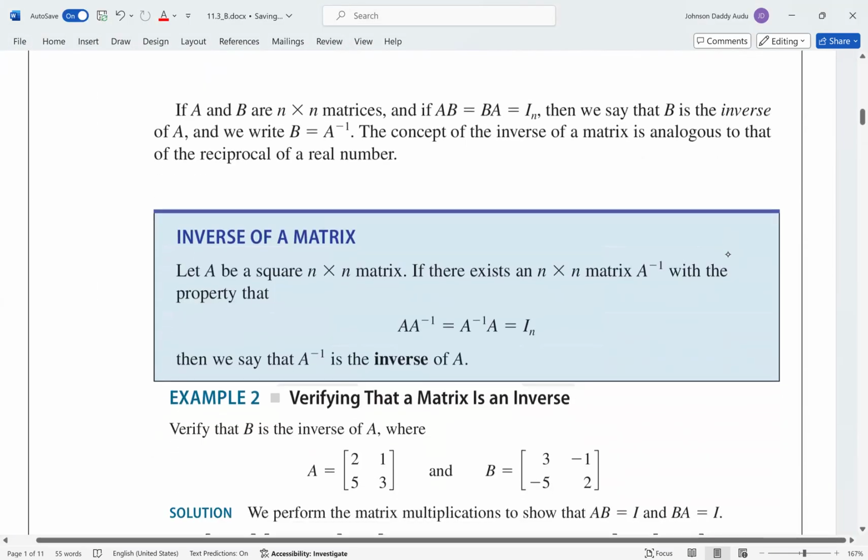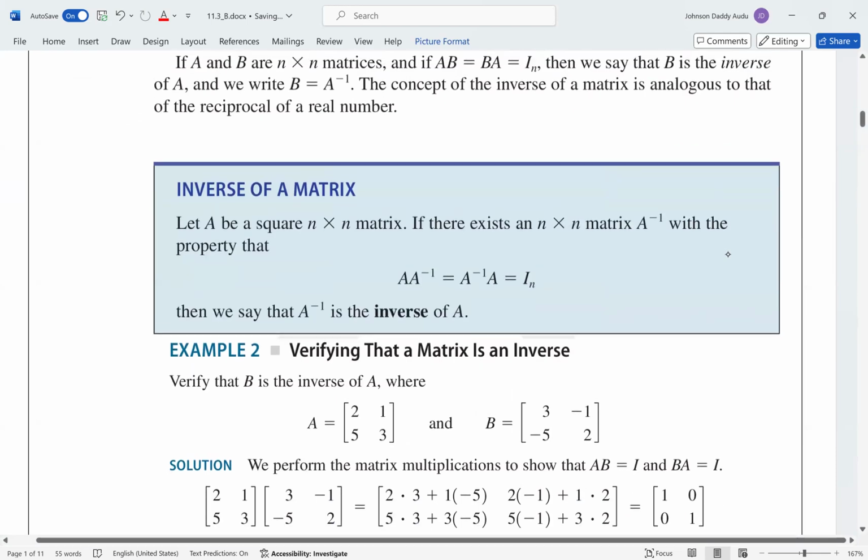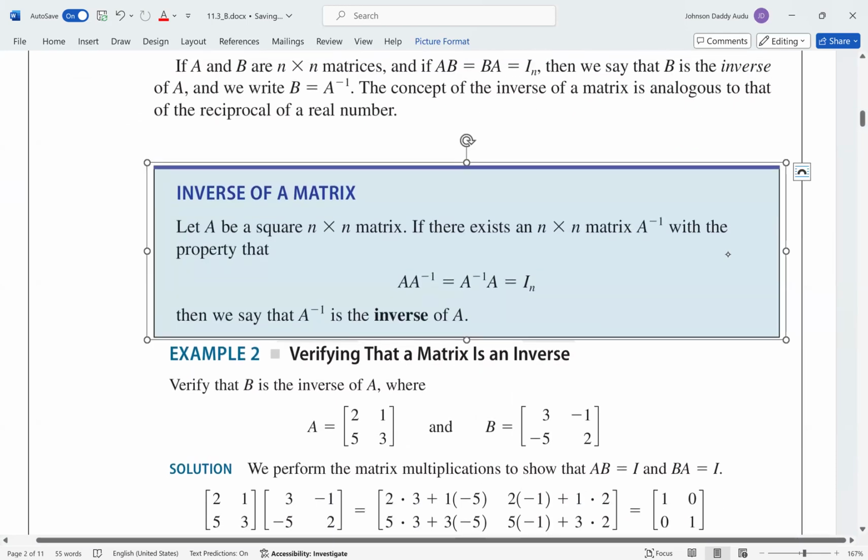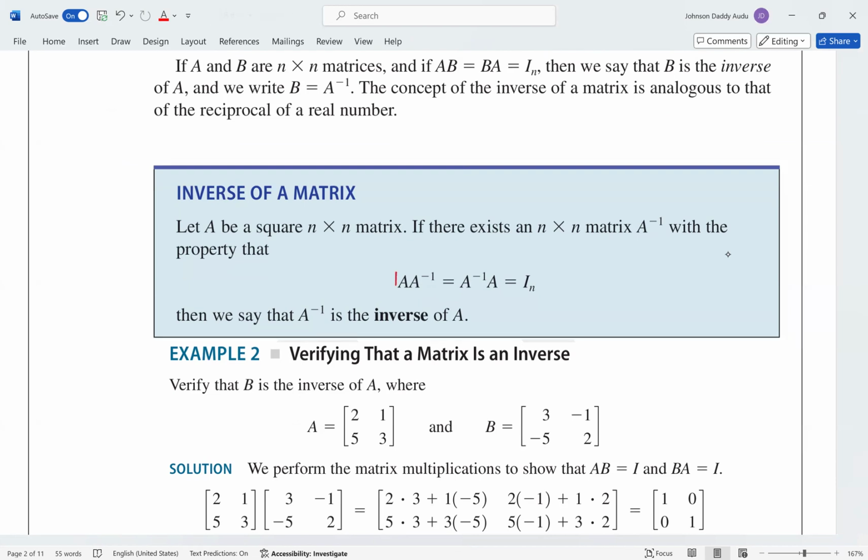So now let's discuss the inverse. The inverse applies when we are talking about n by n matrices. If you have A multiplied by A inverse, that is the same thing as A inverse multiplied by A, and it is the same thing as the identity matrix.